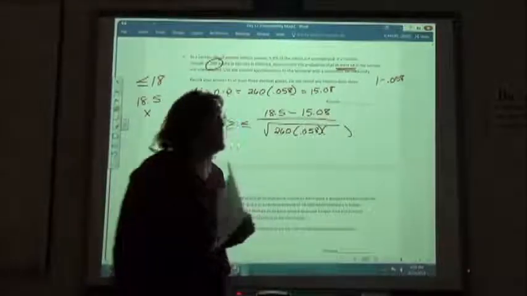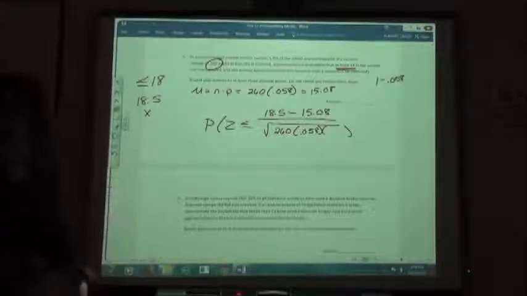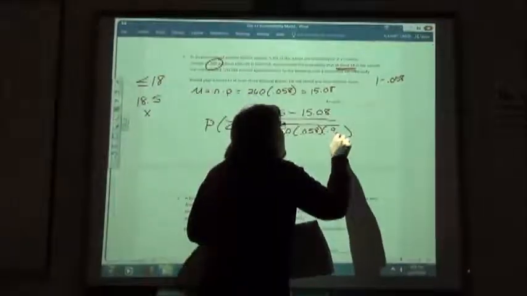If you do 1 minus 0.058 before we try to plug all that into our calculator, what do we get? 0.942.